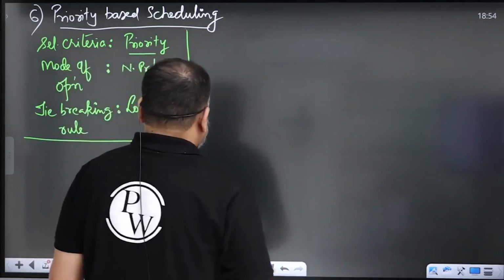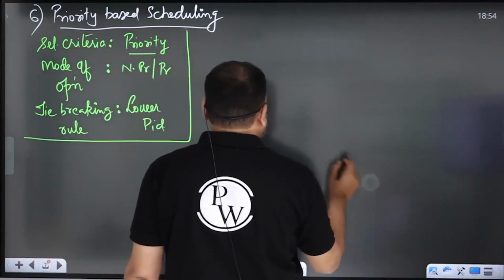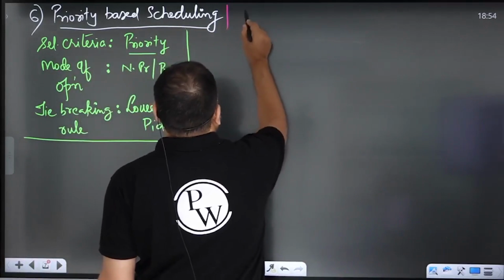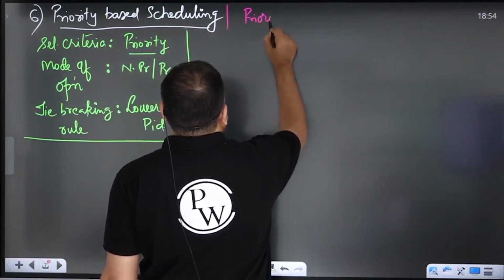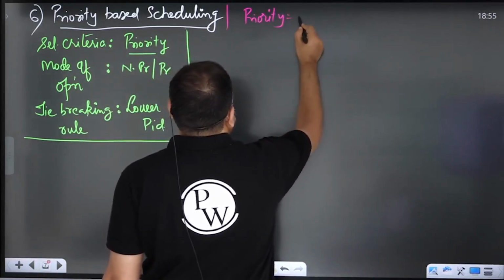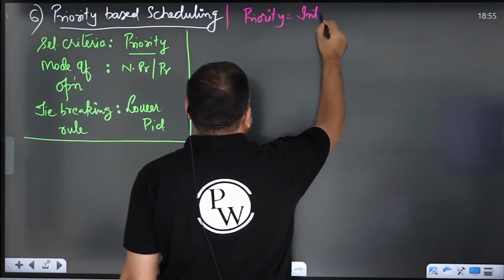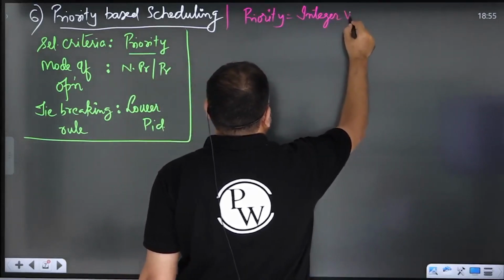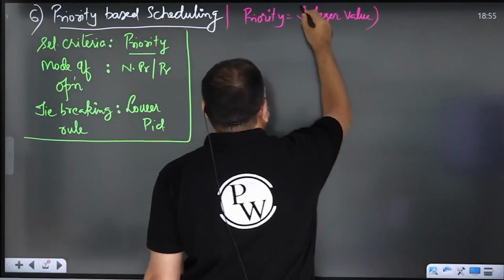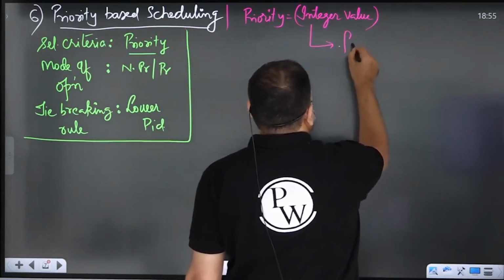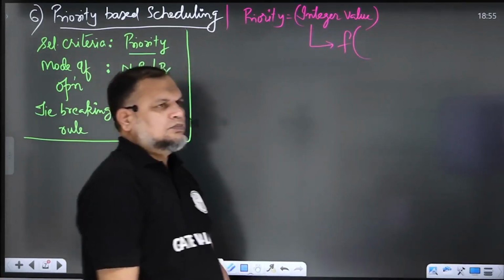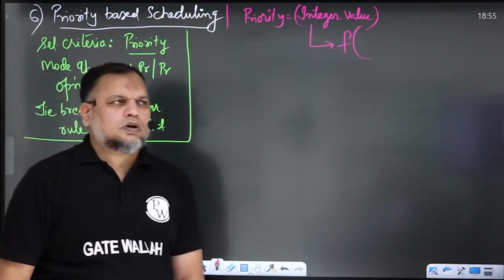So let me tell you something about the priority of the process. Generally, priority is assigned as an integer value, and this value essentially is computed by applying some function. I am talking about actual implementation.